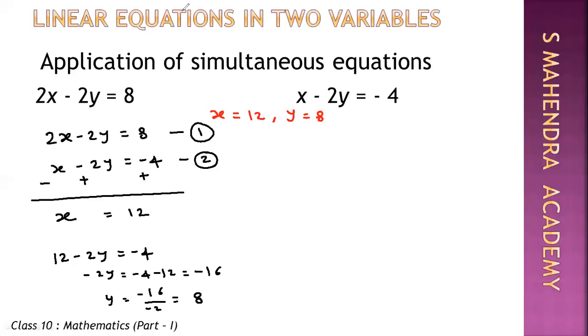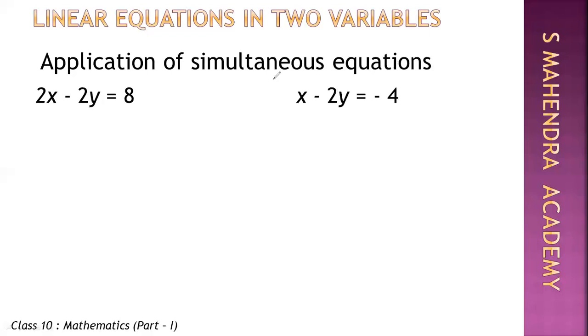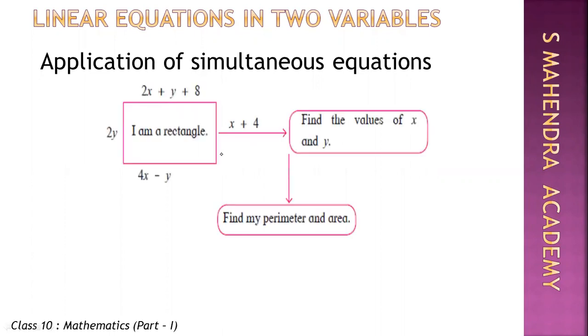the perimeter of the rectangle, and for perimeter one of the side is 2y and the other side is 4x minus y.